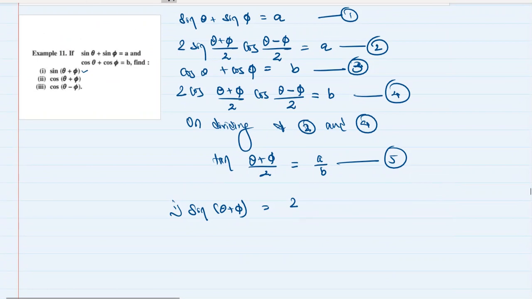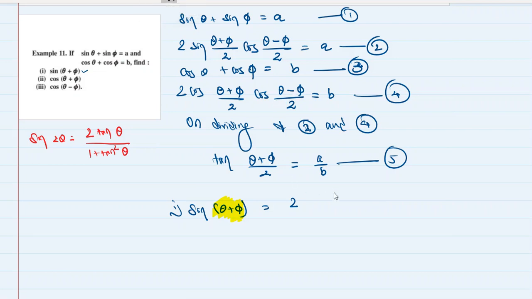Here my theta is this theta plus phi. So the formula is, I'm just going to write the formula here for you. Sine 2 theta is equal to 2 tan theta, not tan square theta, 2 tan theta upon 1 plus tan square theta. This is the formula for sine 2 theta, which I am going to apply over here.